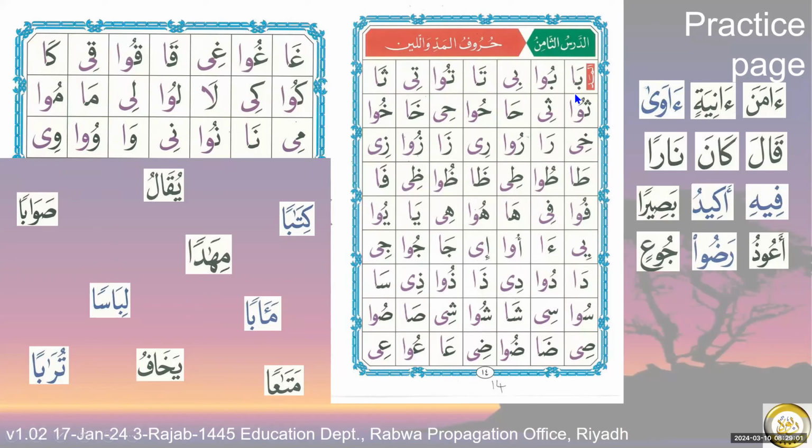Let us see the examples here, page number 14, lesson number 8. Ba fatha alif, ba dhamma waw sukun, bu, ba kasra, bi. Here after alif, when it is a waw mad, you find one alif also. This has no value in tajweed, but it may have some value in grammar, so don't confuse here.